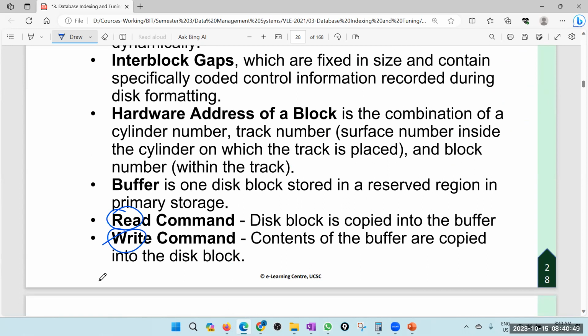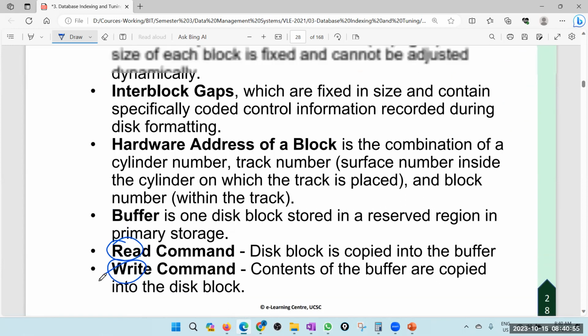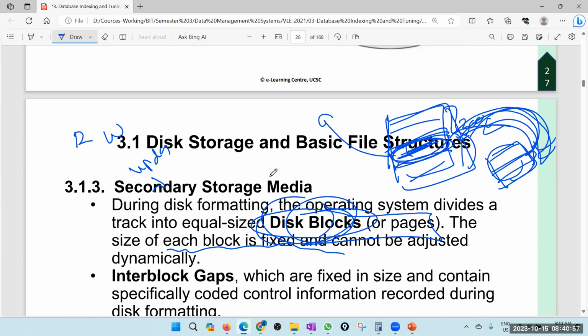So then someone will ask, why do we need to do both read and write back for insert? Because when you insert a record to the database, first you have to read the block you want to insert the record into, into memory. Maybe it already has some records.